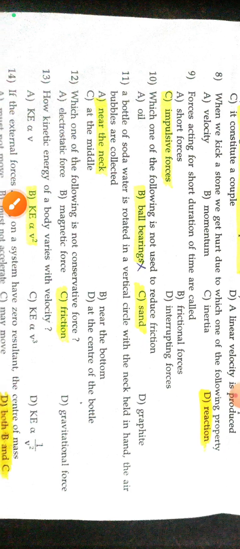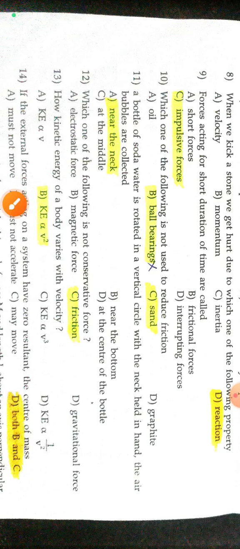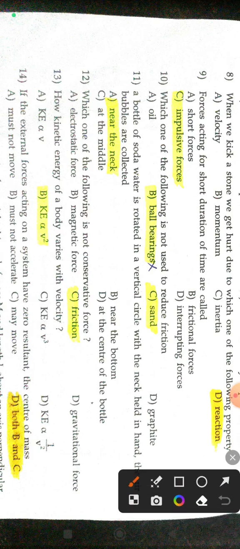Okay, now we'll discuss the 10th question. Which one of the following is not used to reduce friction? Oil is used to reduce friction, so that is not it. Ball bearings are also used to reduce friction. Sand is there, right? This is the right answer.